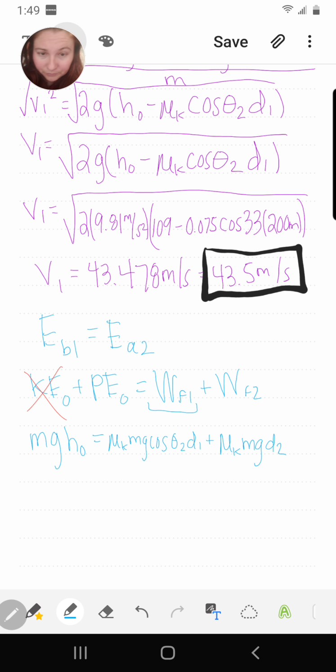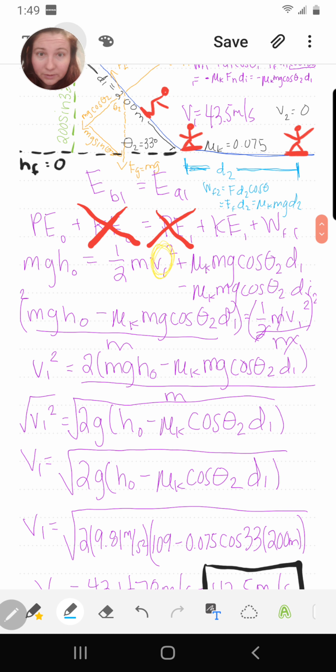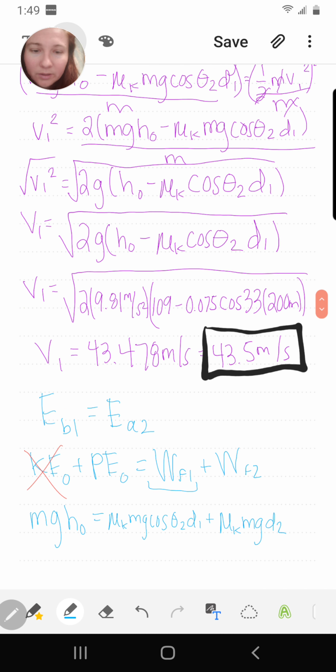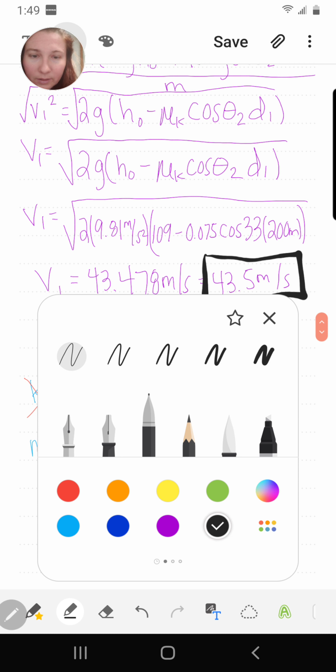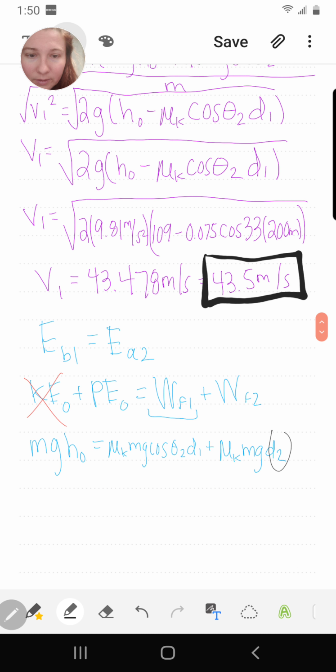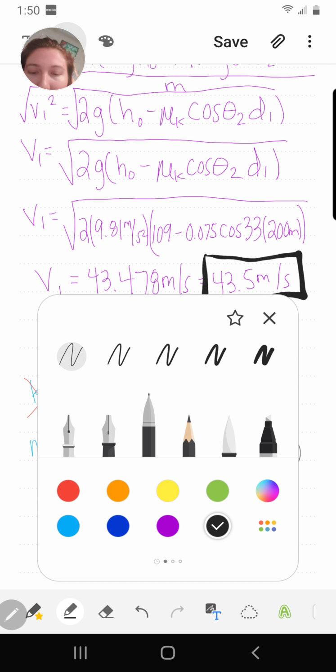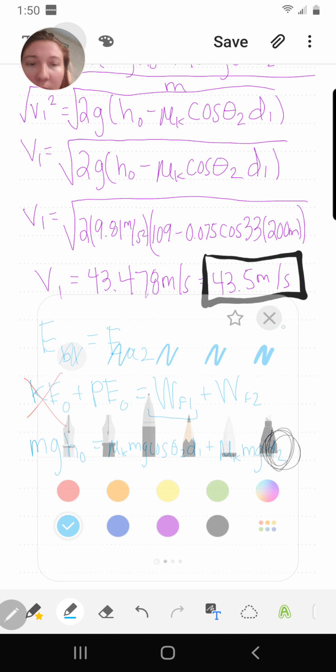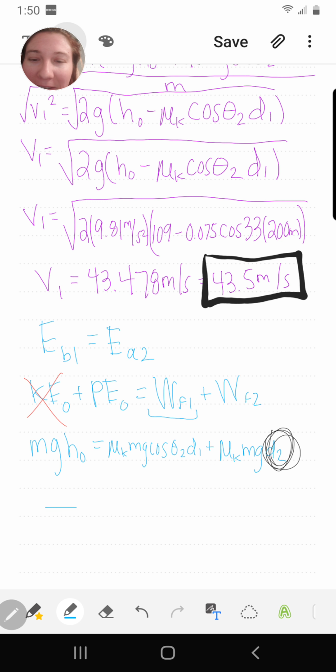Well, what are we looking for? We're looking for this distance right here. Okay, so we need to get this guy by himself. So let's solve for D2. Alright, so we're going to subtract this whole thing.